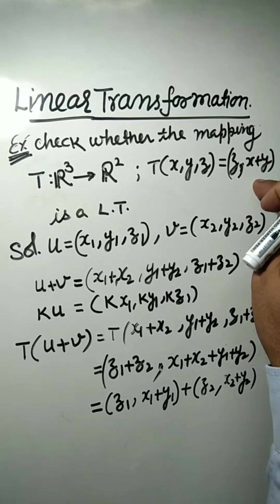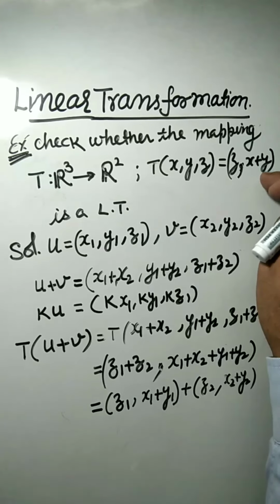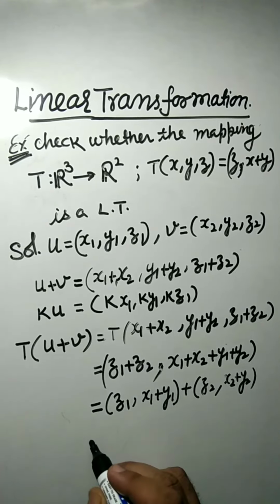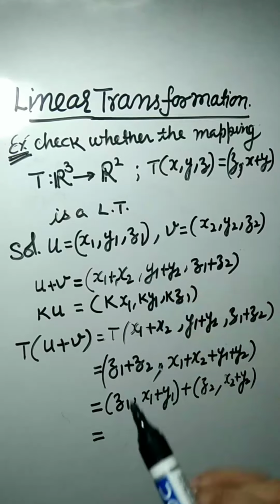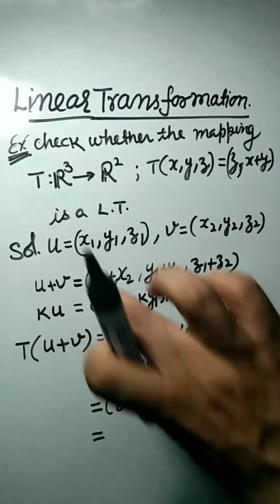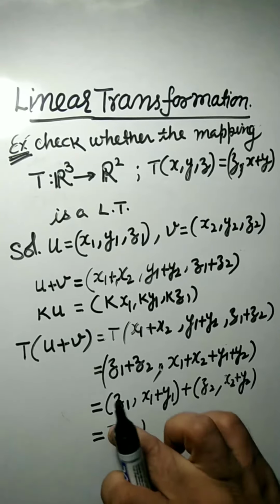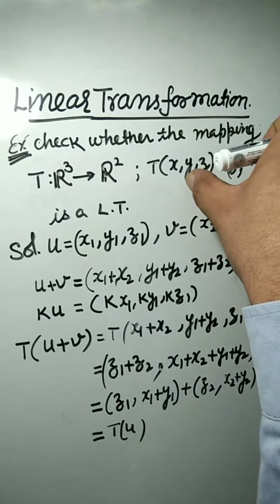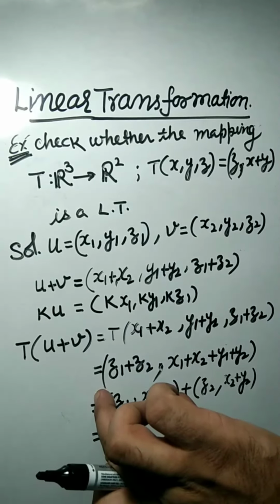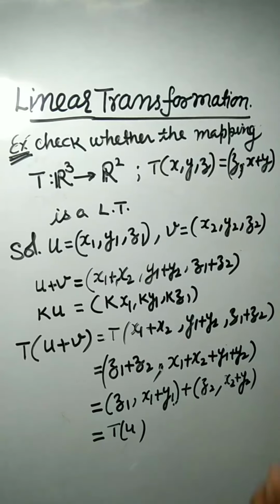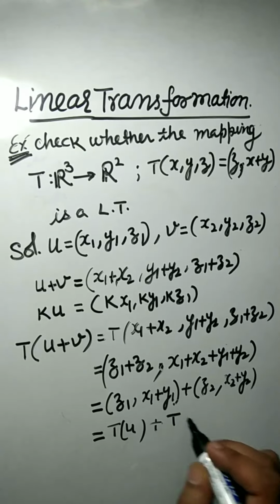By this definition, T(x, y, z) is (z, x + y). Because we have considered x1, y1, z1 as the terms of vector u, this is the transformation T(u). If we apply this transformation, we get these terms. Similarly, this is T(v).